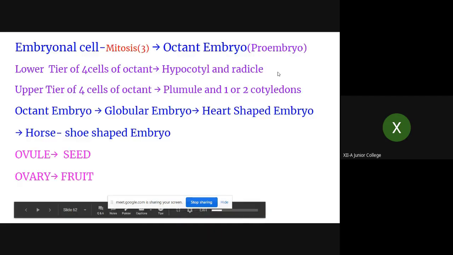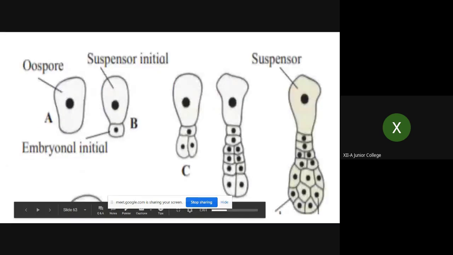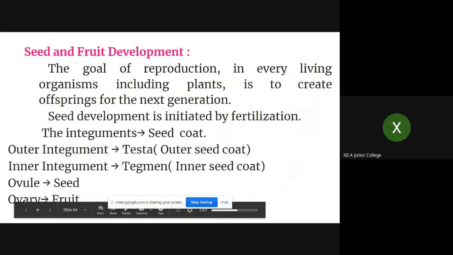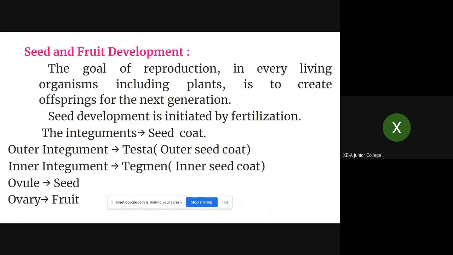This part we have already discussed, so I will not explain it, as I said. Now seed and fruit development. First we'll talk about this point, and then we'll come to the different types of seeds. The goal of reproduction in every living organism, including plants, is to create offspring for the next generation. Seed development is initiated by fertilization.